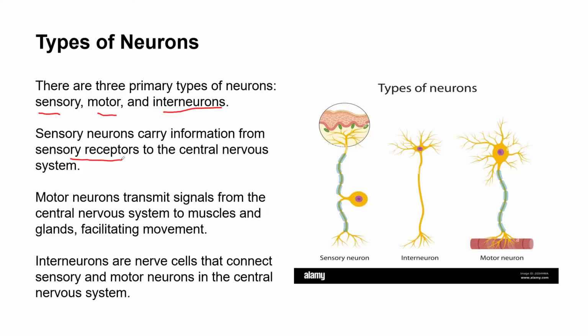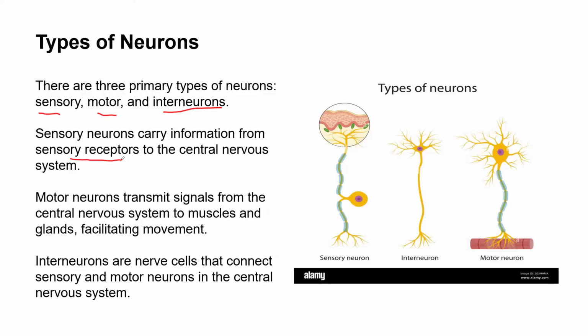So when information is carried from the sensory receptors to the central nervous system, that work is usually done by sensory neurons. That is, from the eyes, from the skin, from the nose, from the tongue, all this information is carried to the central nervous system.